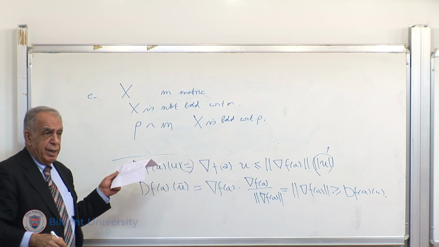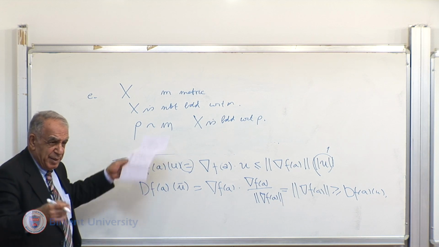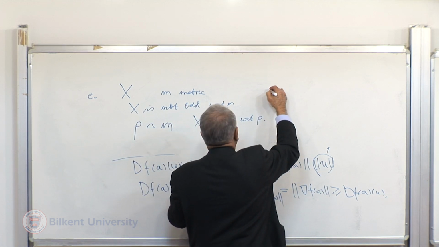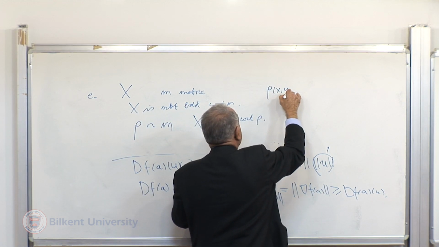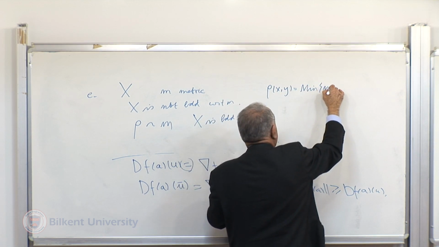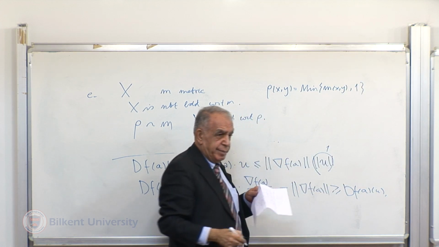Can we? Rho of xy equal to the minimum of M of xy and 1.